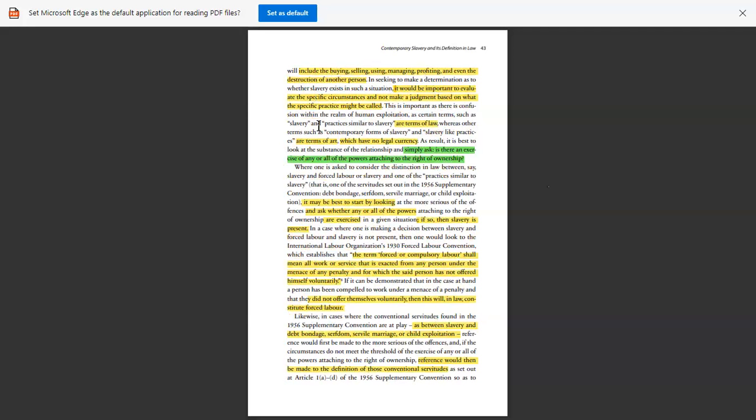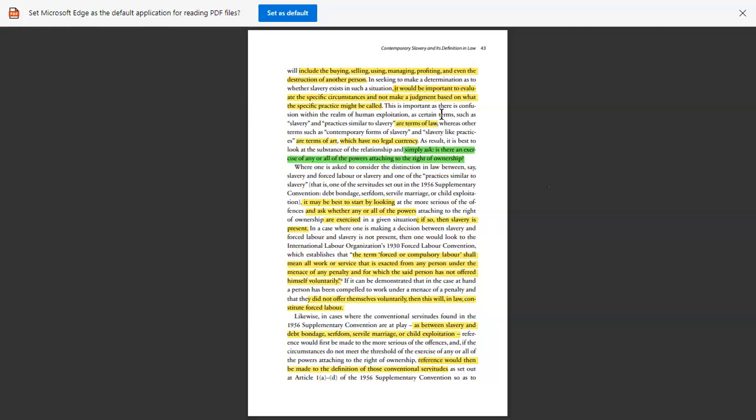It would be important to evaluate the specific circumstances and not make judgment based on what the specific practice might be called. And what they're getting to here is, if you want to use the term slavery, we don't want to say just because that word is no longer viable that it isn't slavery. Instead, we need to look at the practices and the circumstances that are going on to see if it might be applicable.